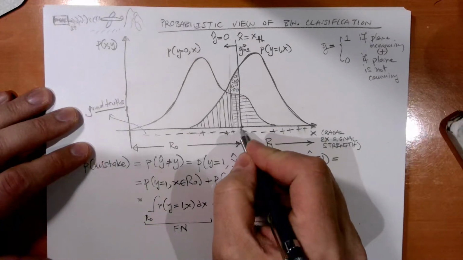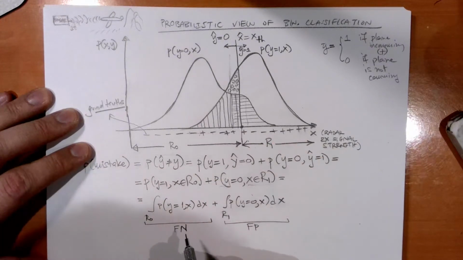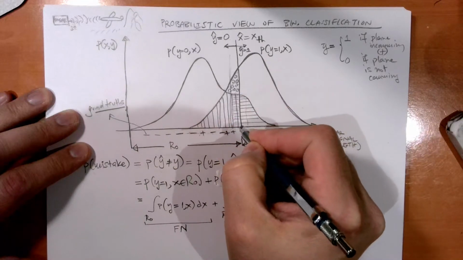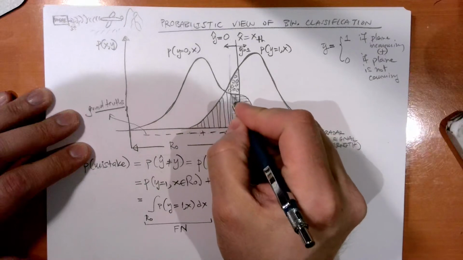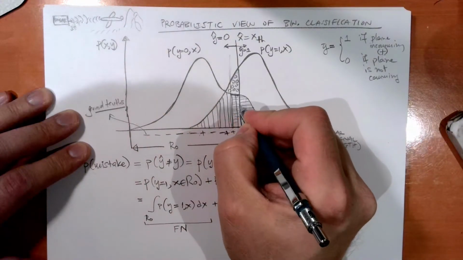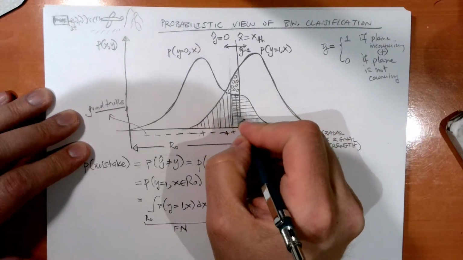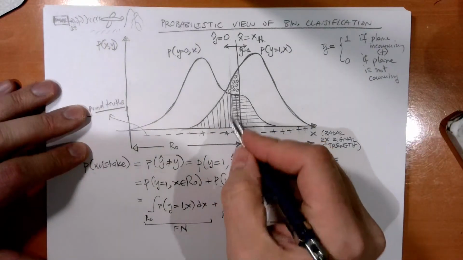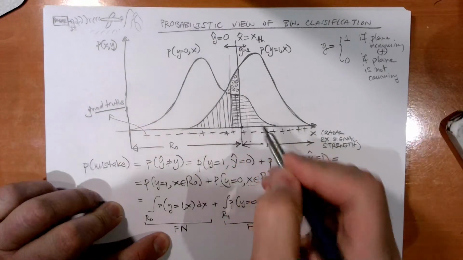Take, for example, the case where we move the threshold line to the left. Then out of the total false negative component which can be impacted, definitely this area under this curve is going to move from the false negative region into the false positive region.